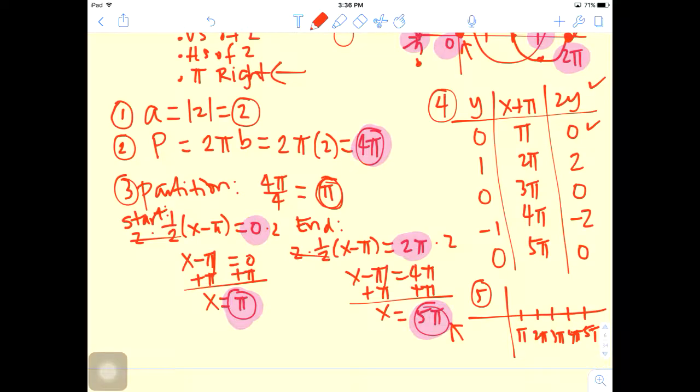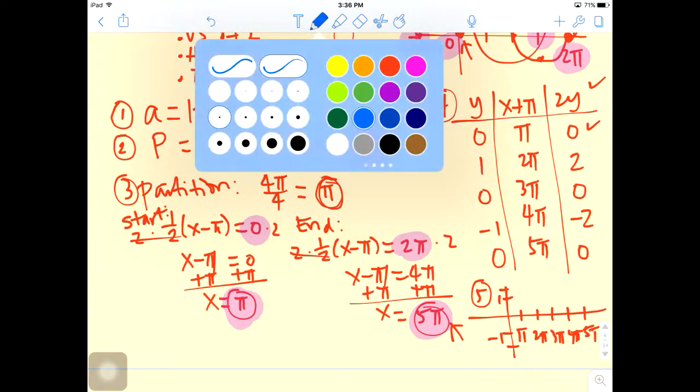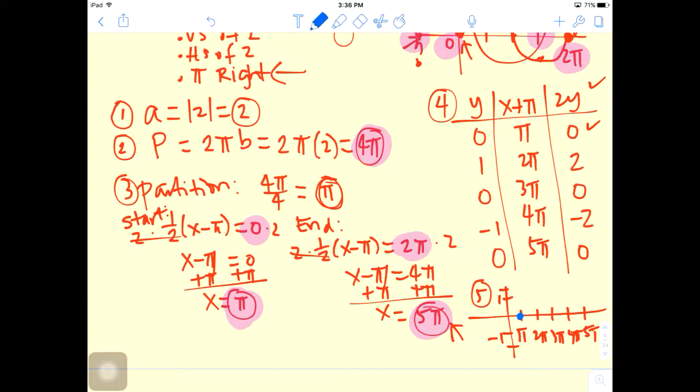So I'm going to just make this 1, -1, 2, -2. So at pi, it's going to be 0. Let me change the color. So we have pi, 0. That's the beginning. And then 2 pi at 2. Then 3 pi at 0 again. Then 4 pi at -2. And 5 pi is at 0. And if I connect those dots, I will have the new graph.